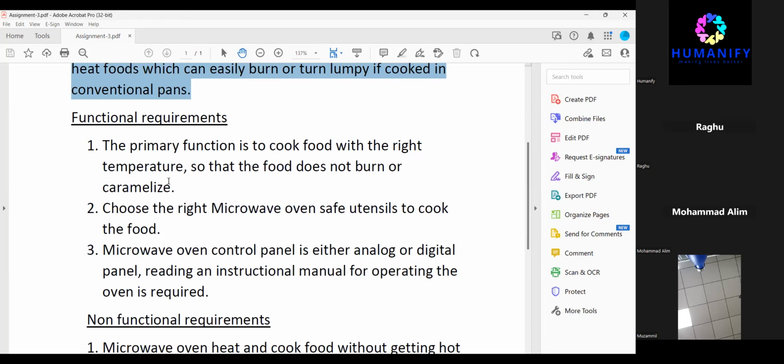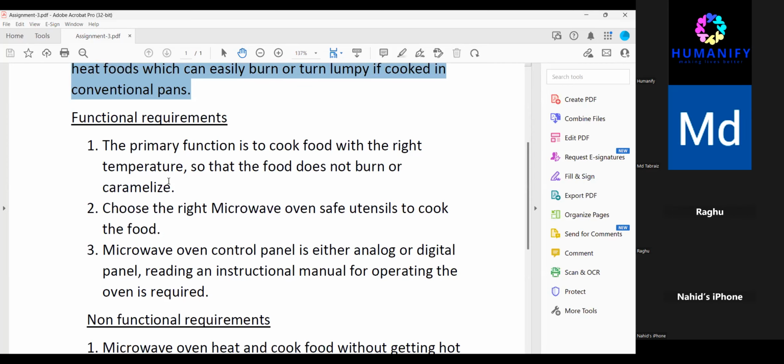Or if you have a curry, you just need to heat it up, so you set it for 1 minute. You need to have some button on your oven to set 30 seconds or 1 minute or 1.5 minutes, whatever it is. That is the functional aspect.